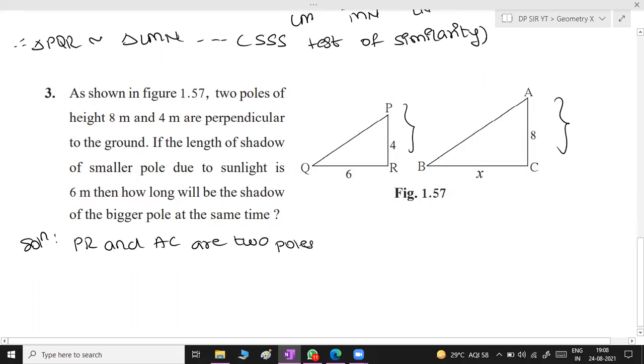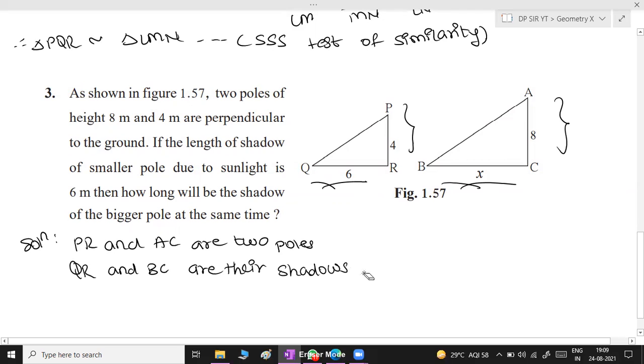And QR and BC, this QR and this BC are their shadows. So QR and BC are their shadows respectively.